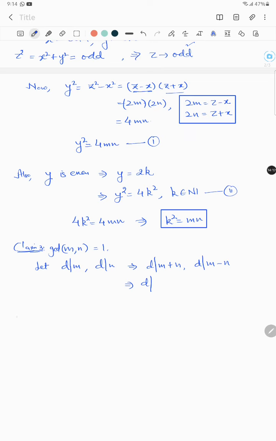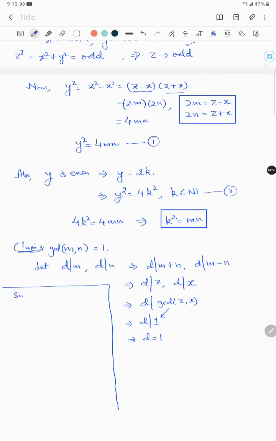You can write m is equal to z minus x upon 2 and n is z plus x upon 2. So if you add these, you will get z, and here you will get x. So if d divides both z and x, then d will divide their GCD also. Then d divides 1, which implies d is equal to 1. Here I am using that GCD of z and x is 1. So how did this come? Okay, let me give a small proof of this.